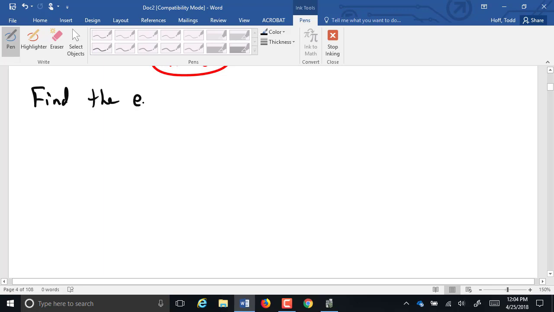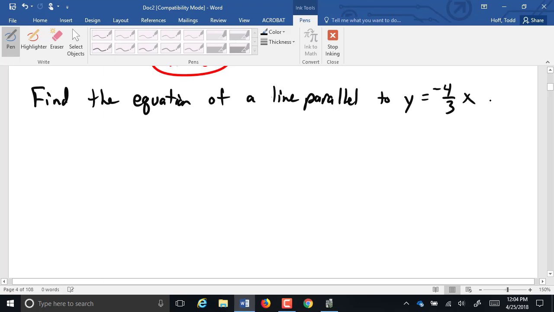Find the equation of a line parallel to y equals -4/3 x plus 2 and through 6, -3.